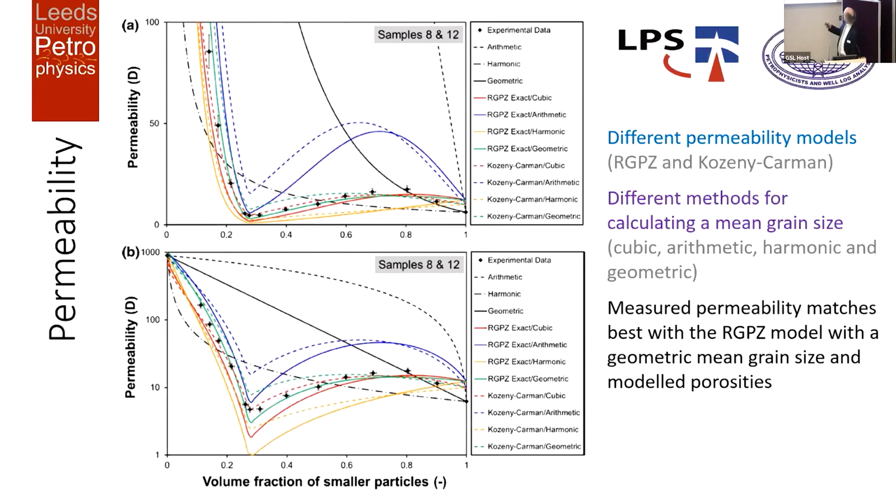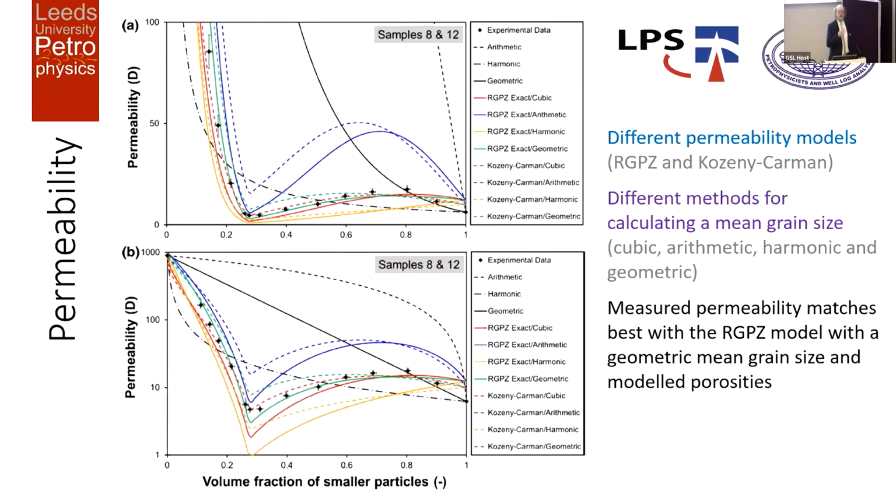And we have the experimental data together with its error bars, and also we have all of these models. And it's really difficult for you to see by just looking at this diagram perhaps what is best, but actually the best model is the RGPZ geometric bit, which is this green line here that goes through this data.